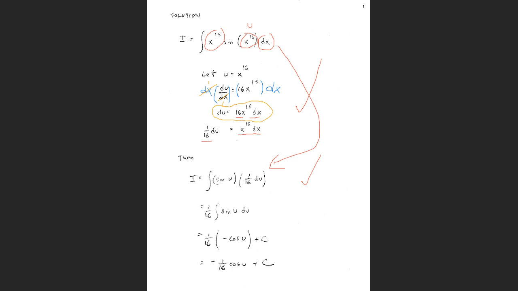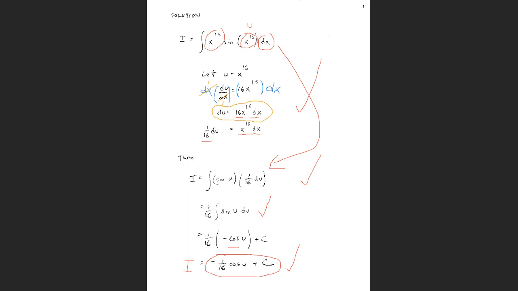Okay, so the integral then will equal 1/16 times the integral of the sine of u du, and the antiderivative of sine is minus cosine, and so my integral is going to equal negative 1/16 times the cosine of u plus a constant. Now, if you type that in WebAssign, would WebAssign accept that answer?